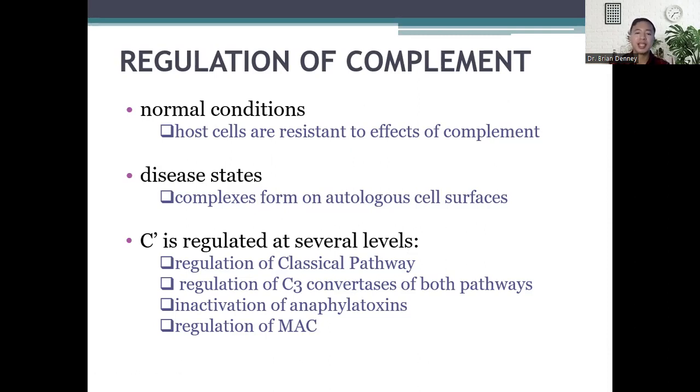I mentioned this. And we can also target the anaphylatoxins, because anaphylatoxins are byproducts which cause tissue damage. And of course we could stop or inhibit the MAC. So again, we regulate the classical pathway, we regulate the C3 convertase, we inactivate the anaphylatoxins, and we regulate the MAC.